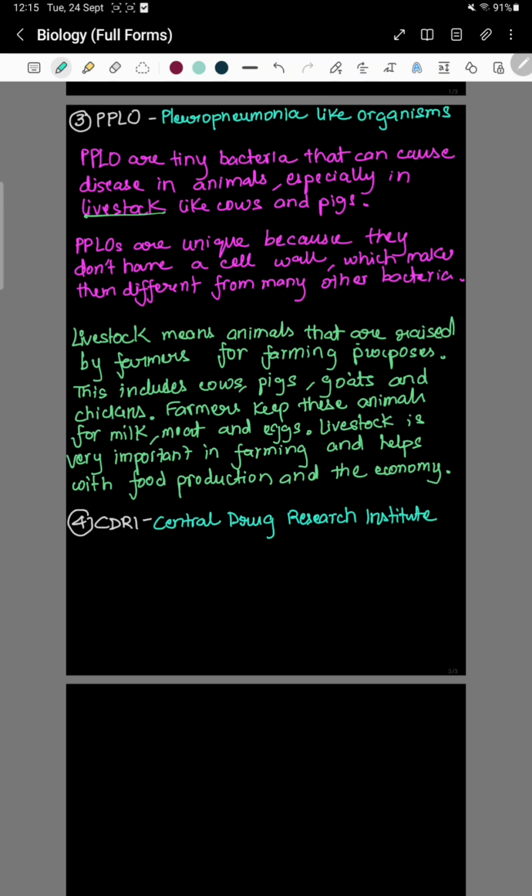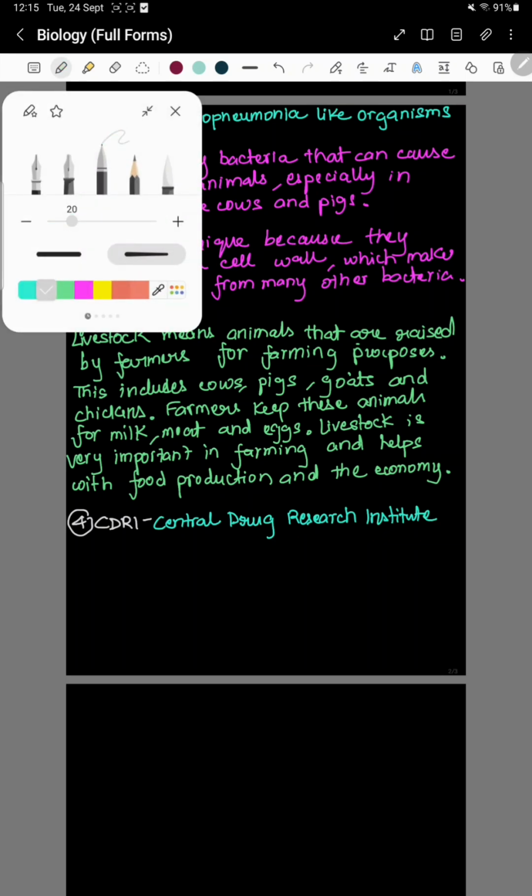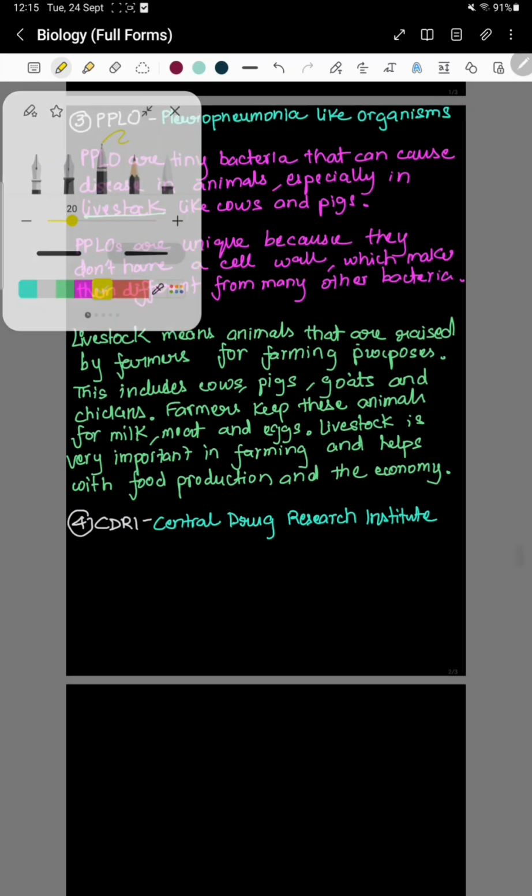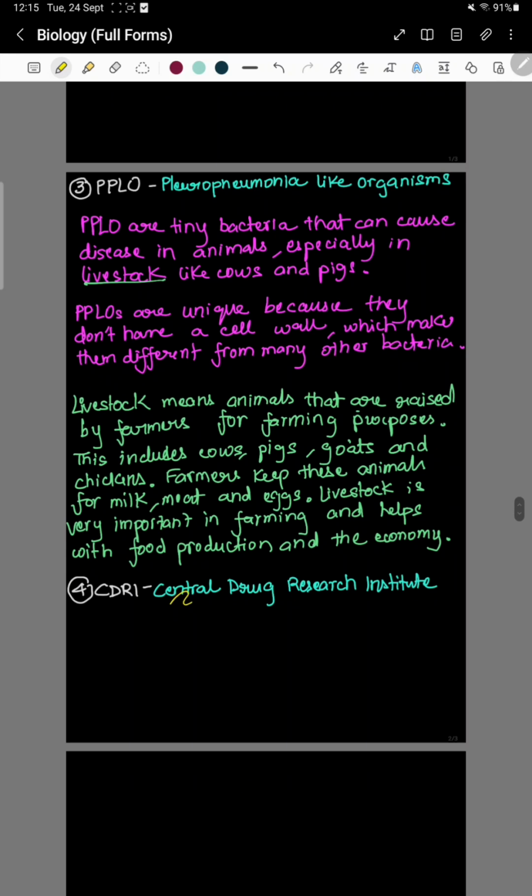Clear? So CDRI is present in Lucknow. Central Drug Research Institute is present in Lucknow.